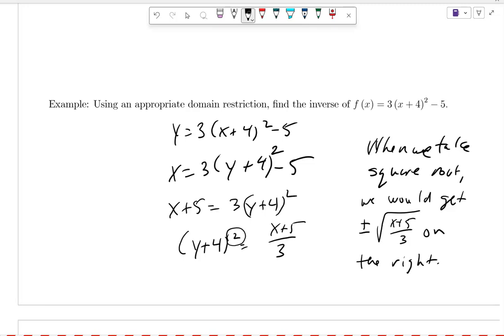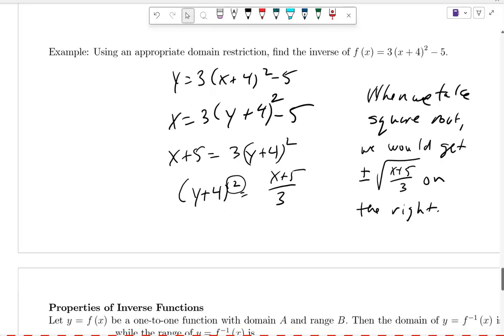Now, what's wrong with that? Remember, we want an inverse that is a function, right? In order to be a function, when you plug one thing in, how many things are you allowed to get out? 1. If I plug one thing in here, how many things do I get out? 2, right? That's bad. For functions, you're not allowed to plug one thing in and get 2 things out, okay? So this tells us we need to restrict.